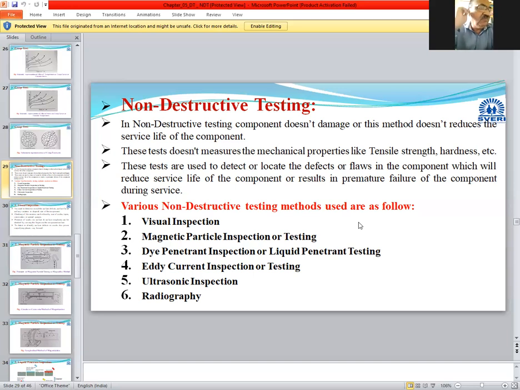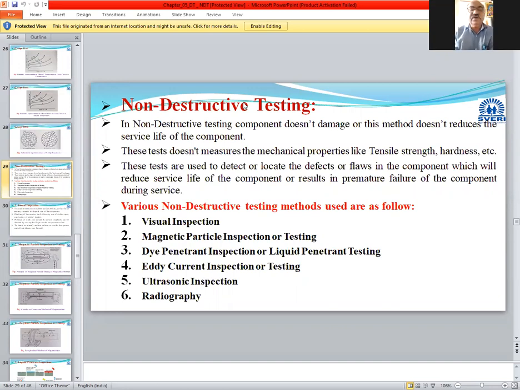So we can plot the graph of creep, time versus strain. Initially it increases a little bit, then it is constant, and then it goes on increasing. So delta E divided by delta T is the minimum creep rate as per the diagram. So this much we have studied under destructive testing.